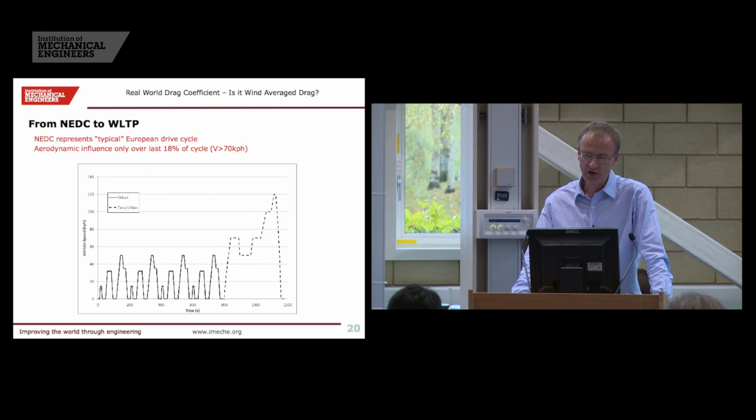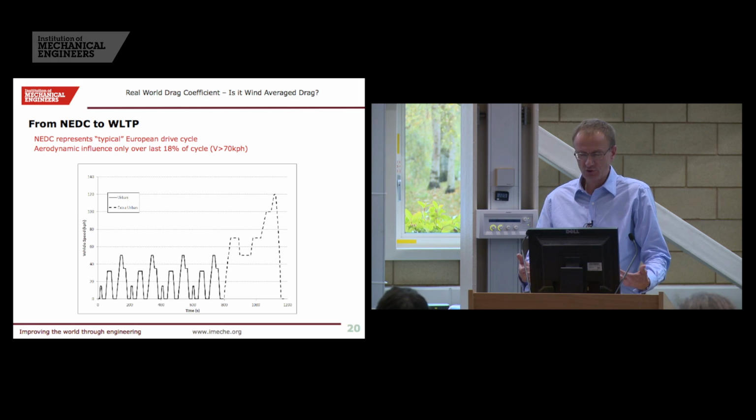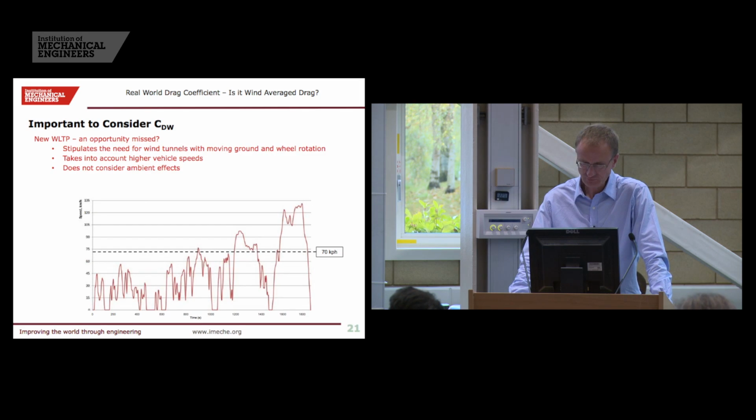Now, the current typical driving cycle is the NEDC, the New European Driving Cycle, but aerodynamics only has an influence in really the last 18%, where the vehicle is actually driven over 70 kilometres per hour. This sort of driving cycle doesn't strike me as being particularly typical, maybe for city cars.